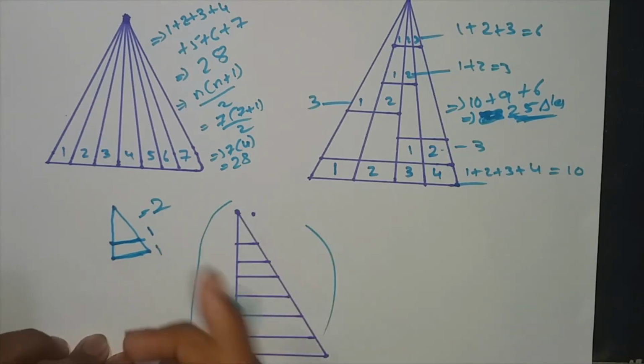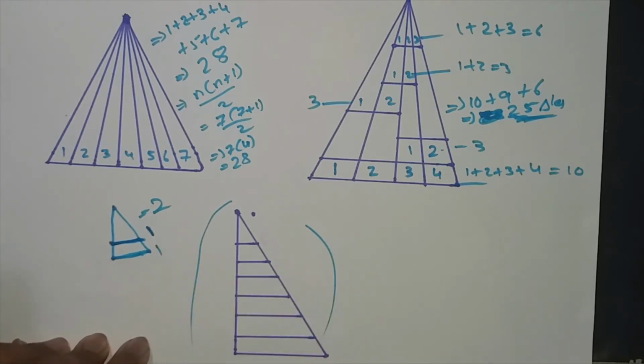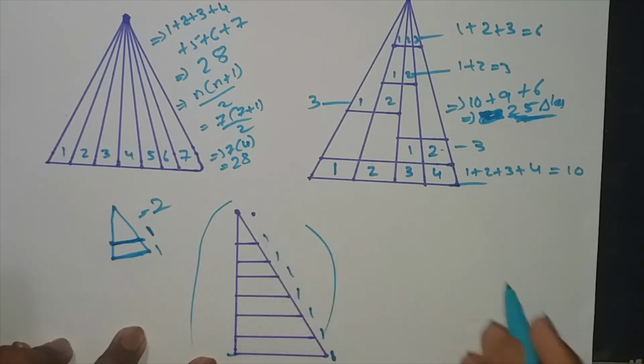So the main concept is for every line there will be one triangle. So here also let's see, for this base this is one triangle. As I previously told, for every line there will be one triangle. That means 1 1 1 1 1 1. So how many triangles are there in this?